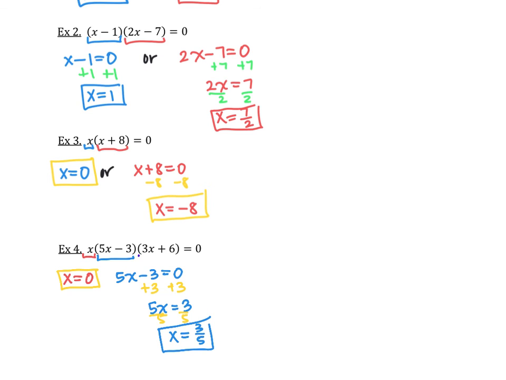But because there's another factor, there are actually three possible solutions to this equation. Negative 6 divided by 3 is negative 2. So this particular equation had three answers: x equals 0, x equals 3/5, and x equals negative 2.